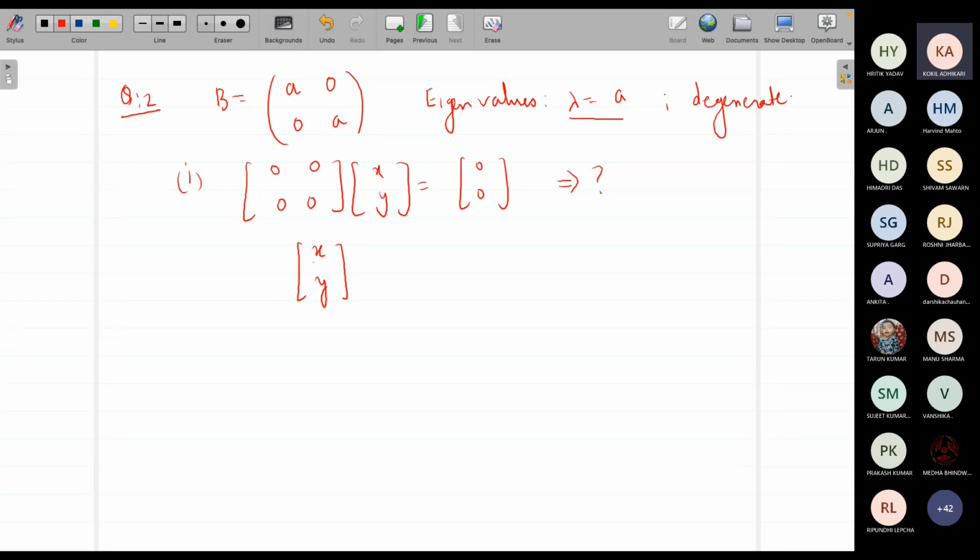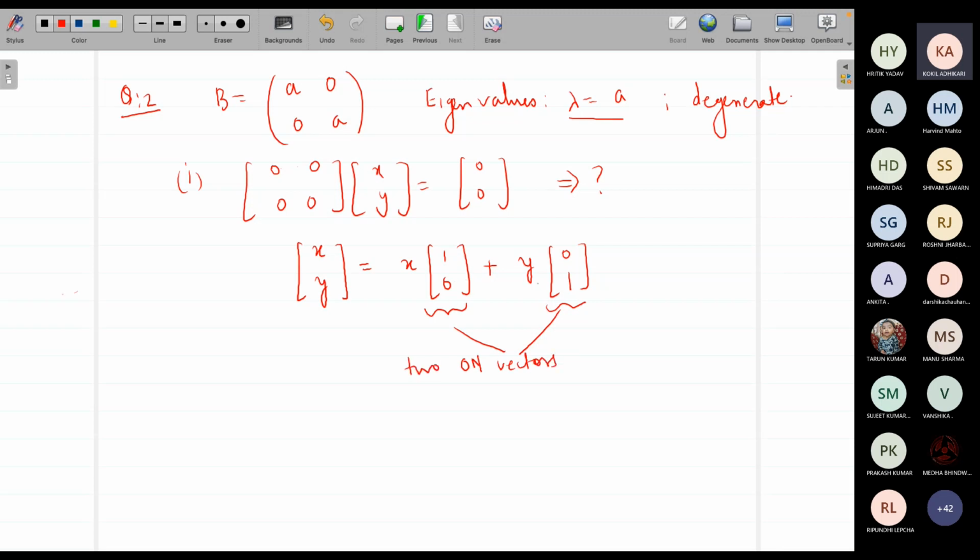Yes, we can write alpha 1 times (1, 0) plus alpha 2 times (0, 1). So if I have to write xy, then I will write x times (1, 0) plus y times (0, 1). This means that even though xy could have taken anything, you can always write it as a linear combination of, in this case, two orthonormal vectors.